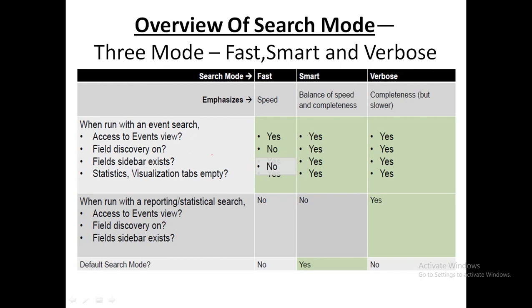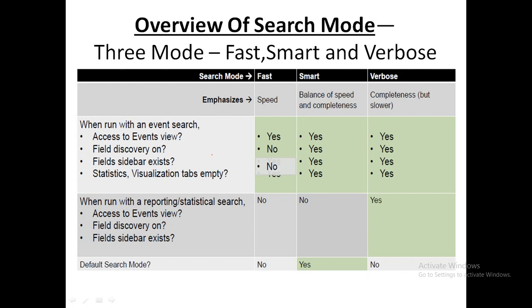Verbose is for completeness, but it is slow. It means that when we search any term, it shows all the extracted event data, no matter about the speed of how we get the search result.